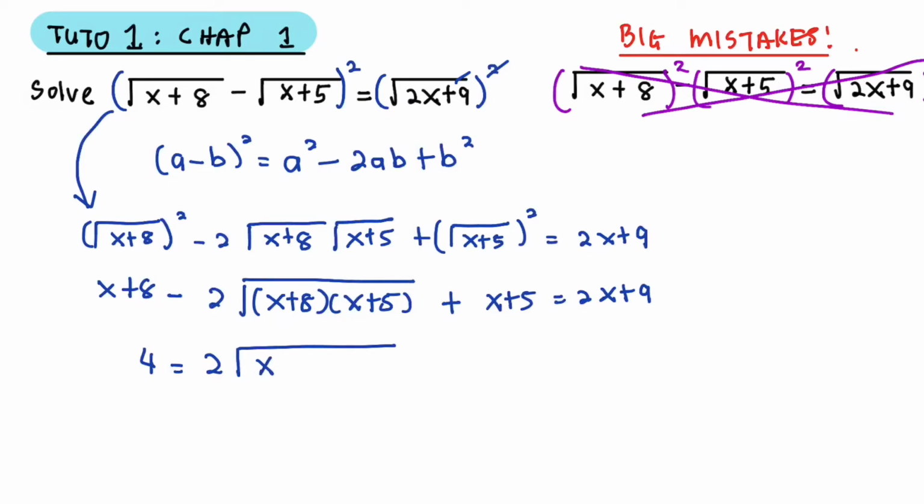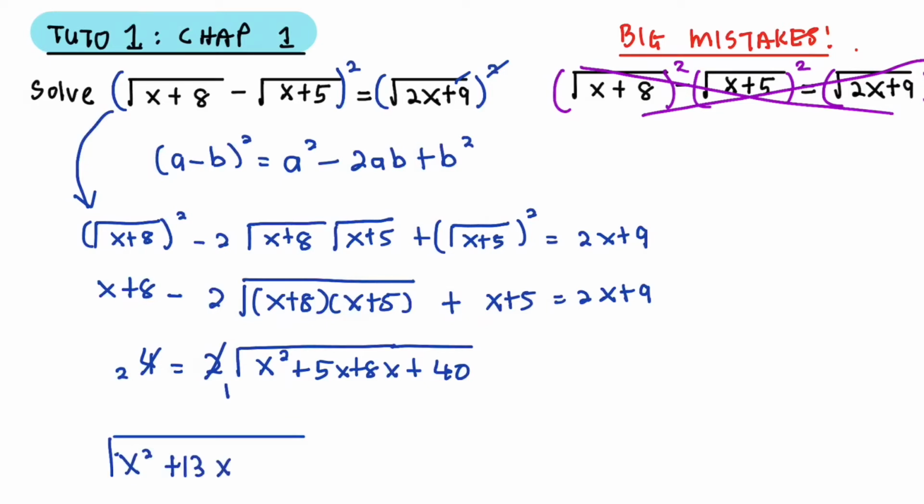Or you can expand, you will get x squared plus 5x plus 8x plus 40. Right, and then you can simplify, this gives you 1, this gives you 2. Then the square root you can bring to the left hand side, so much easier to see. x squared plus 13x plus 40 equivalent to 2.